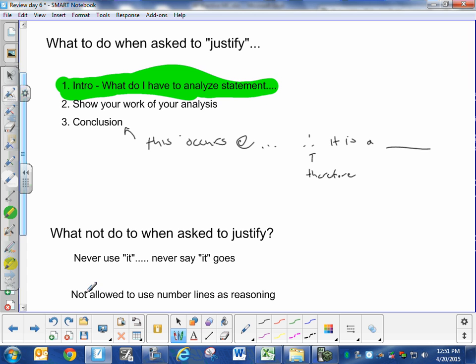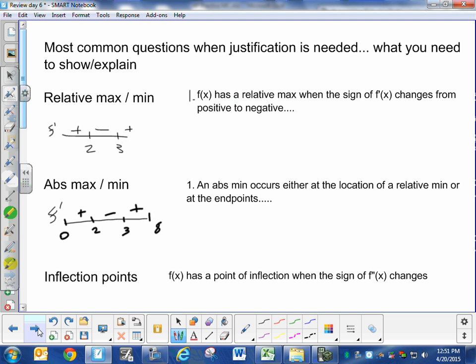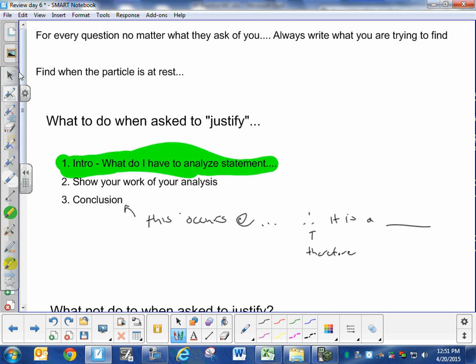Okay? Now we will go over a couple of common questions when justification is needed and what you will need to show and explain. I'll start with the one that's on the previous page. Like if they ask you to find when a particle is at rest and then justify. This is what you would write. And everybody should write this, at least the first statement.